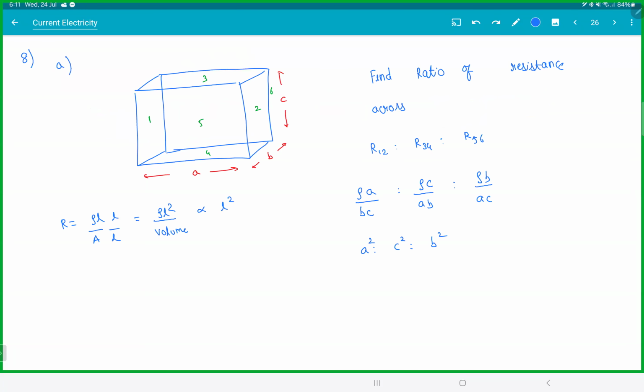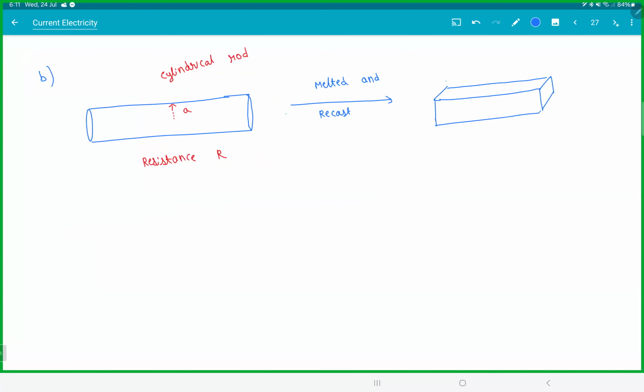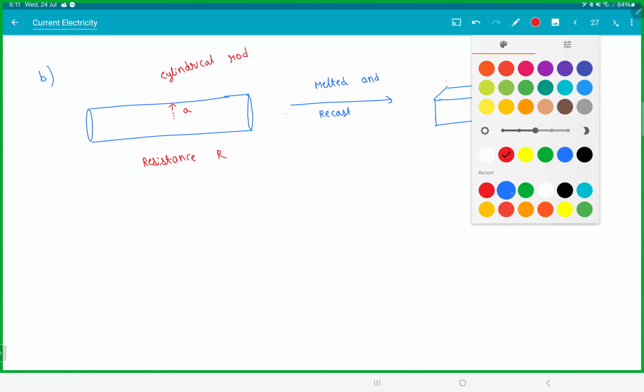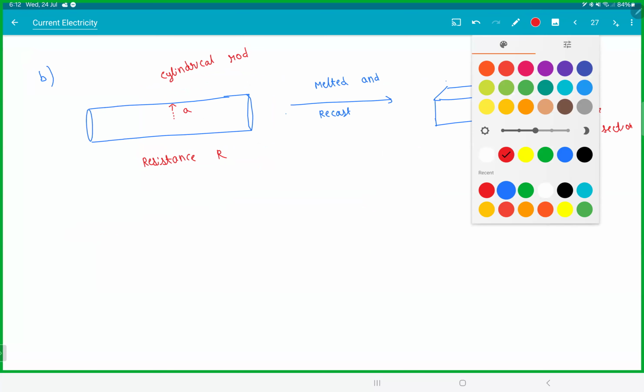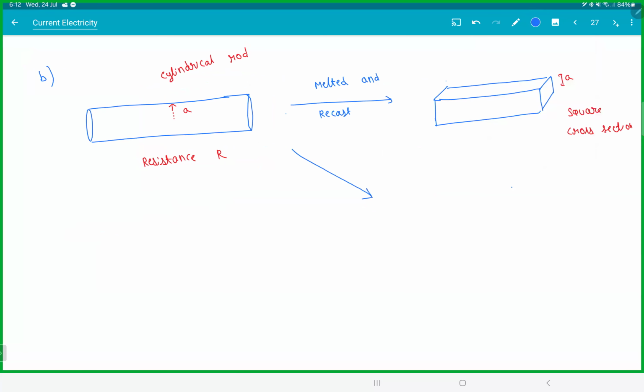So they made this thing, square cross section, side A. Find the resistance.